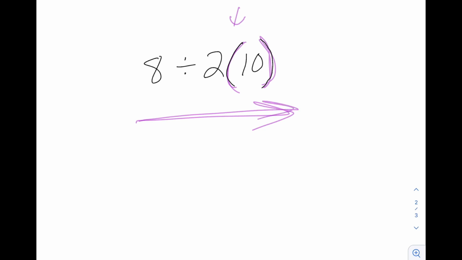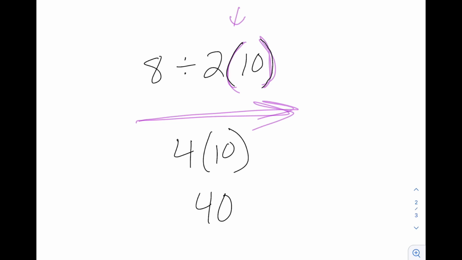Well, we have a division that's happening first. So as we're doing this division, we're going to do 8 divided by 2 before we multiply. So 8 divided by 2 gives me 4, and then we multiply it by 10 to get 40. So 8 divided by 2 times 10 equals 40.